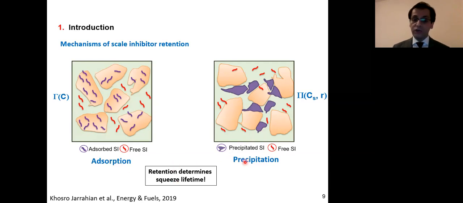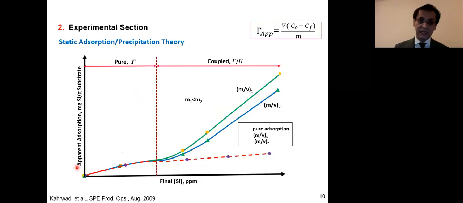So now the question is how we can distinguish adsorption and precipitation. The answer is here. If apparent adsorption results are plotted versus final scale inhibitor concentration, for 2 different mass volume ratios, as long as the results for the 2 mass volume ratios are moving along the adsorption isotherm, a pure adsorption mechanism is dominantly occurring.